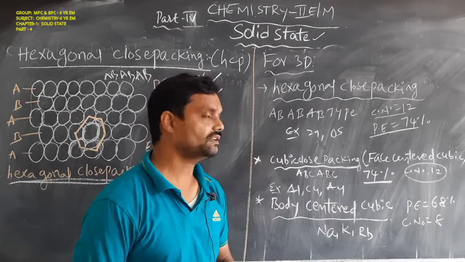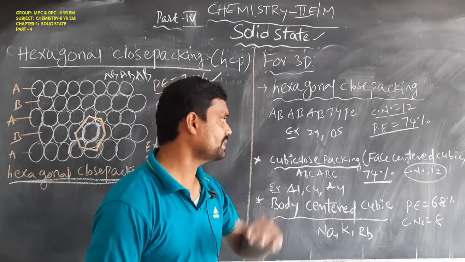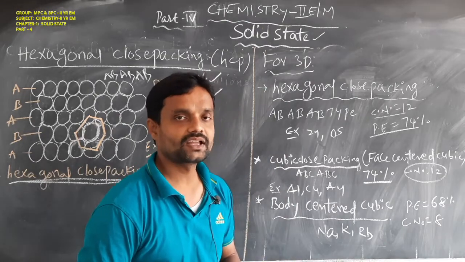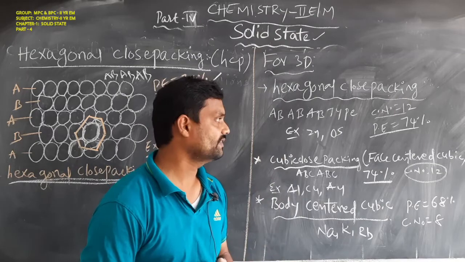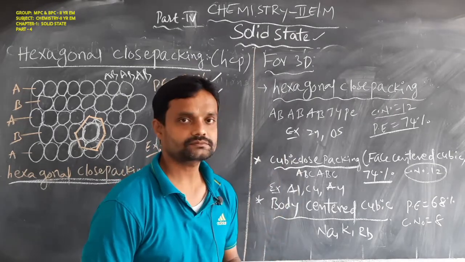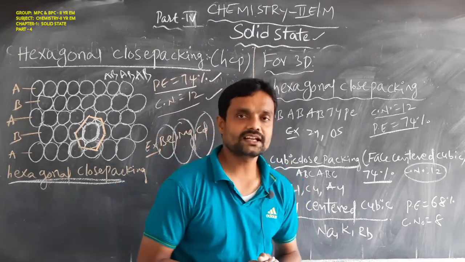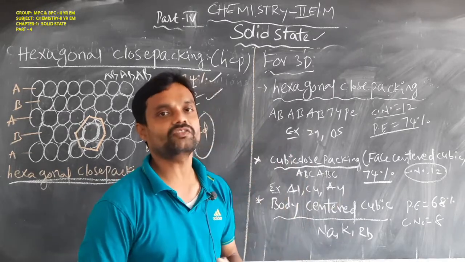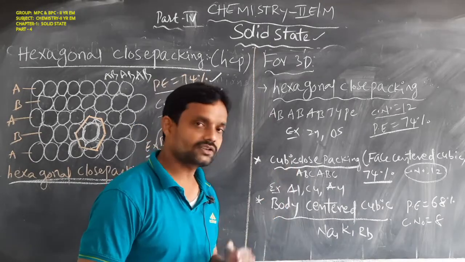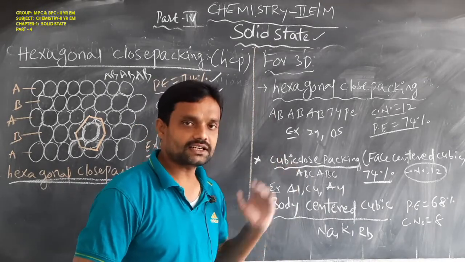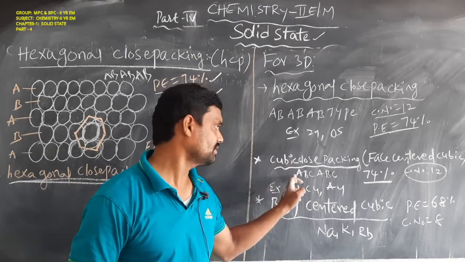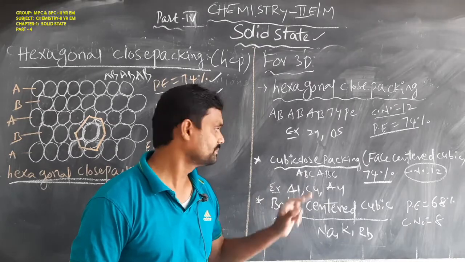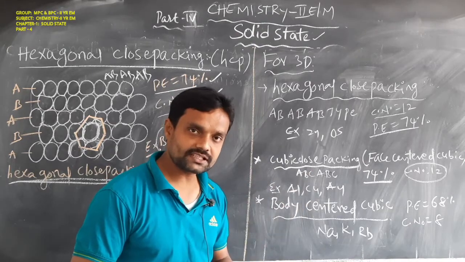Another one is cubic close packing. This cubic close packing is also called face-centered cubic close packing. Here, the atoms or ions are arranged in an ABC, ABC, ABC type of arrangement. Means the first row, second row, and third row are all different. The first row is A, the second row is B, and the third row is the C type of arrangement.